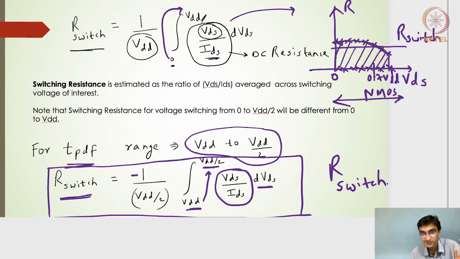For finding the equivalent switching resistance for the propagation delay rising, the integral will start from 0 to VDD by 2. There we will not have this negative sign. Hope this is clear: the definition of the switching resistance and the expression for the switching resistance.